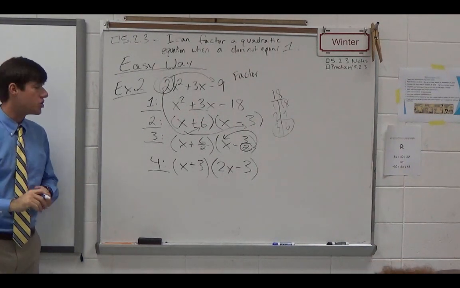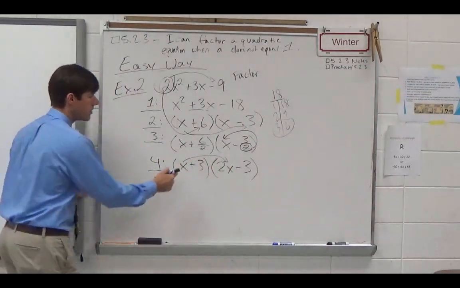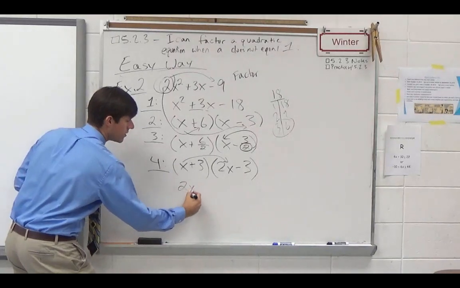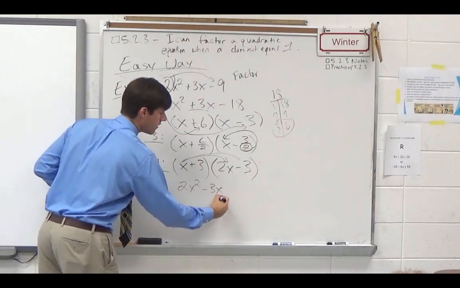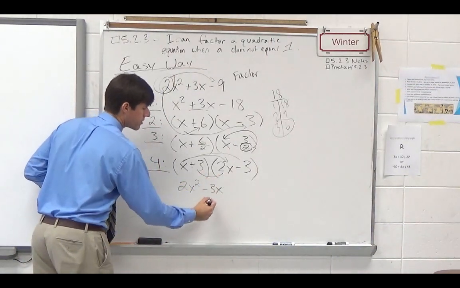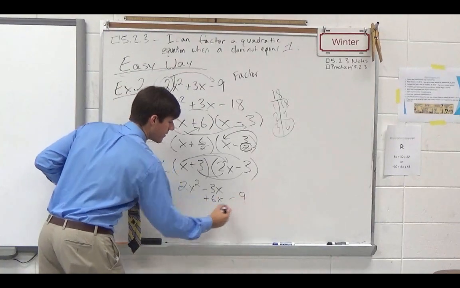All right, now let's check this. Use the distributive property to check. 2x times x is 2x squared. x times negative 3. 3 times 2x gives me 6x. And 3 times negative 3 gives me negative 9.